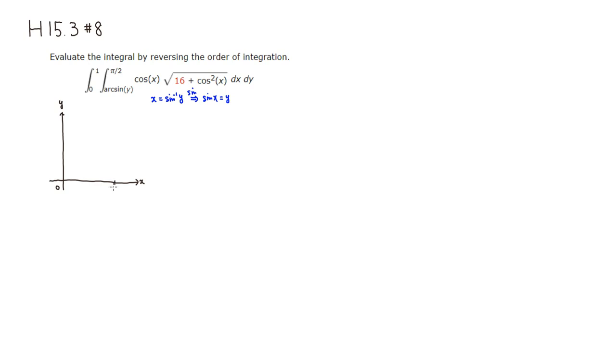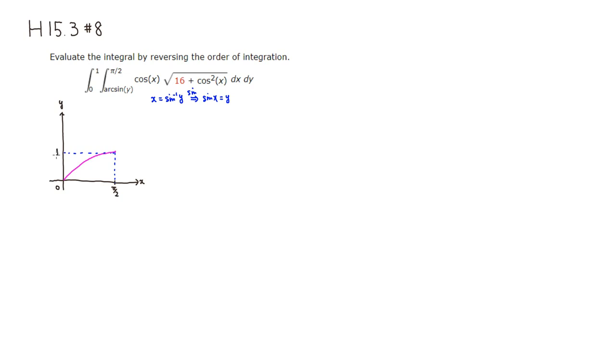I'm going to put pi over 2 here. Then sine starts from the origin, and it hits the value 1 at pi over 2, so this value here is 1.